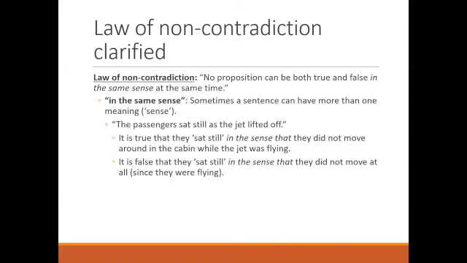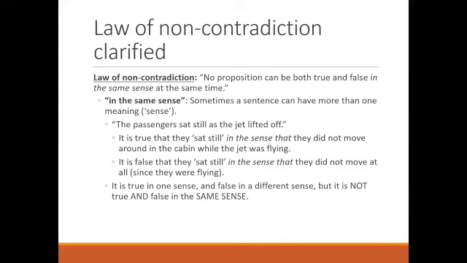But that doesn't violate the law of non-contradiction, because that law explicitly states that no proposition can be both true and false in the same sense. And this is a proposition which is true in one sense, but false in a very different sense. It is not true and false in the same sense, and therefore it does not violate the law of non-contradiction.